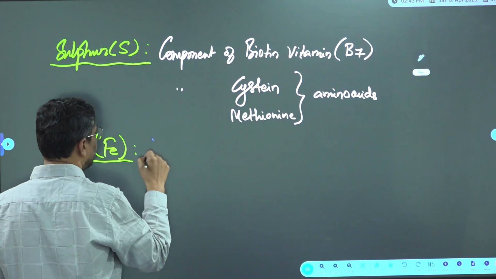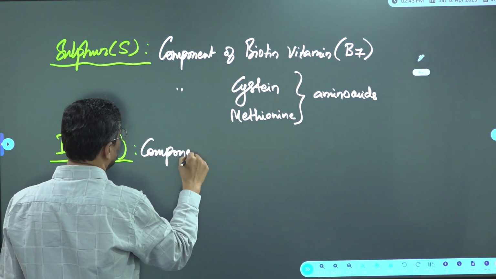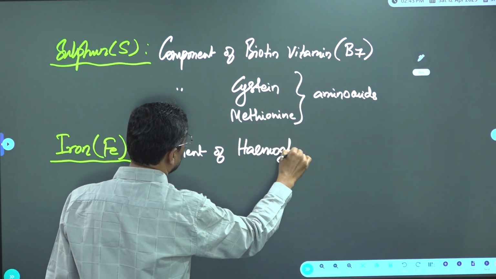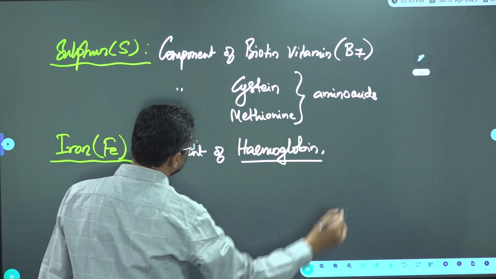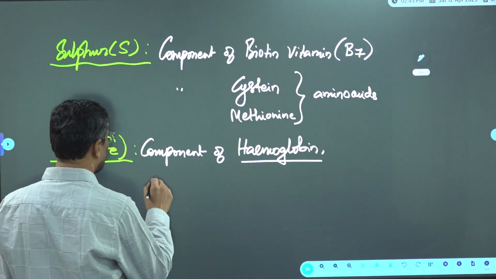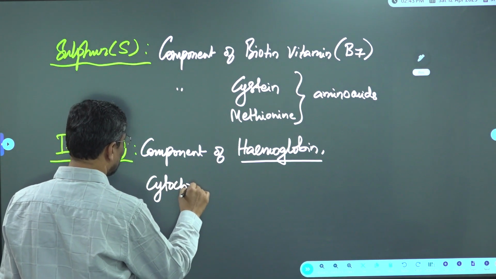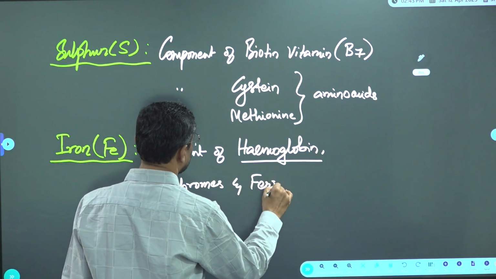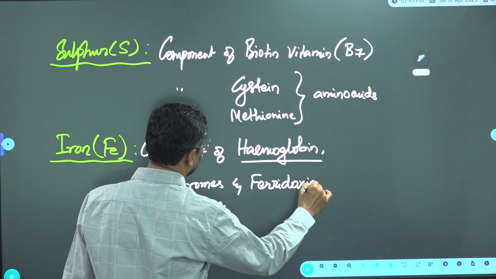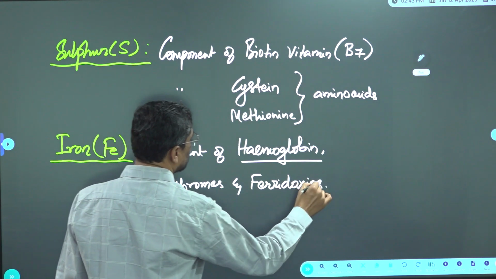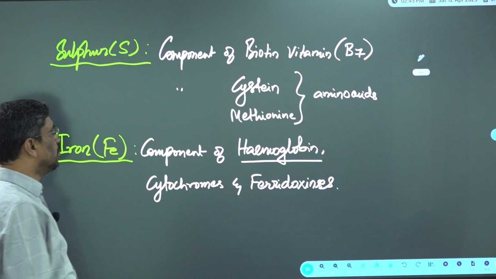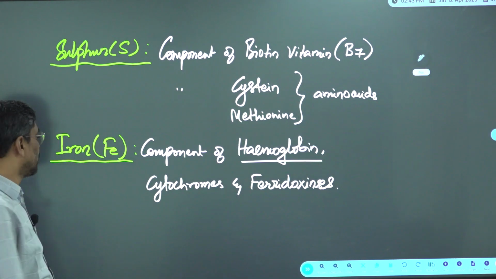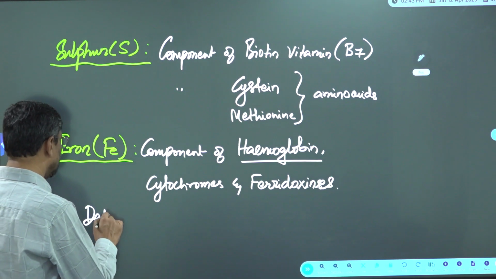It is a component of hemoglobin, cytochromes, and ferredoxins. So iron is a component of hemoglobin, cytochromes, and ferredoxins.